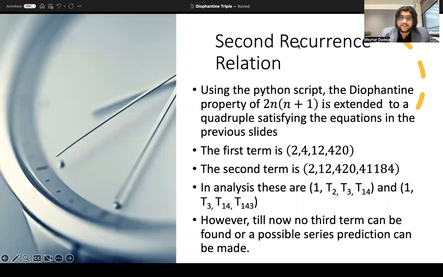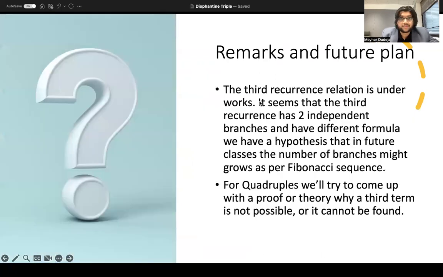The second recurrence series also has a Diophantine quadruple, which is 2, 4, 12, 420, and then you have 2, 12, 420, 41,184, which are T1, T2, T3, T14, and T3, T14, and T143. In this direction also, we could not find a third term, unfortunately, but that's a future goal.